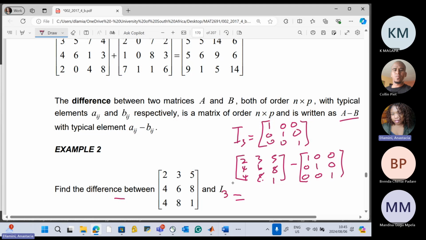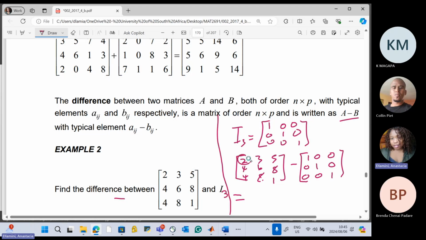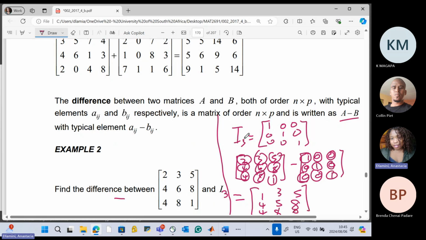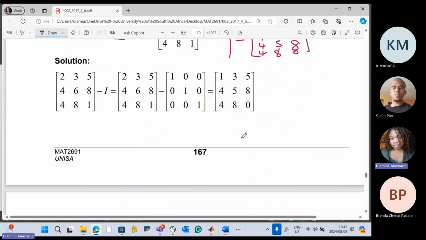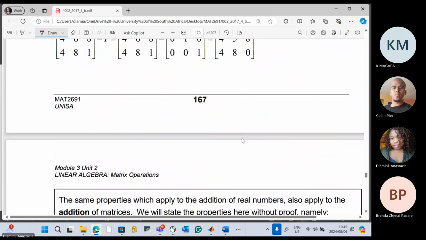Then you go 2 minus 1, that is 1, 3 minus 0, that is 3, 5 minus 0, that is 5, 4 minus 0, that is 4, 6 minus 1, that is 5, 8 minus 0, that is 8, 4 minus 0, that is 4, 8 minus 0, that is 8, 1 minus 1, that is 0. And that's how you subtract matrices. Are we all together there? Yes, ma'am.